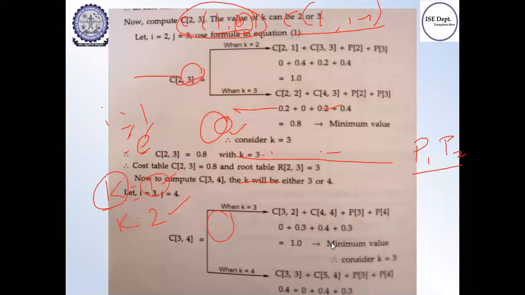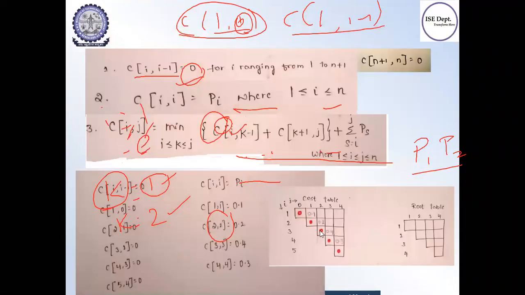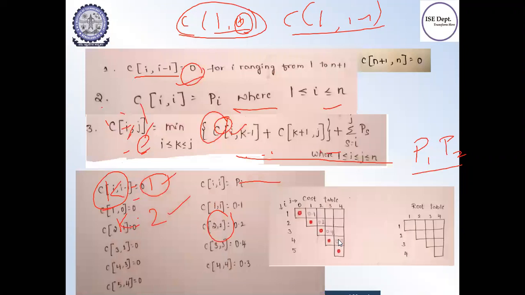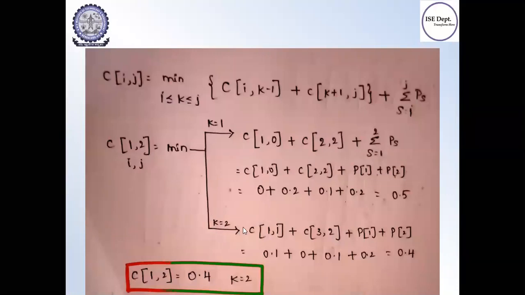So if you observe here in the root matrix, I didn't tell about the root matrix, I will tell you. What is the value which we got here? 0.4, the minimum value, correct? So now I can write 0.4 here. And the root value which I got here is k is equal to 2.